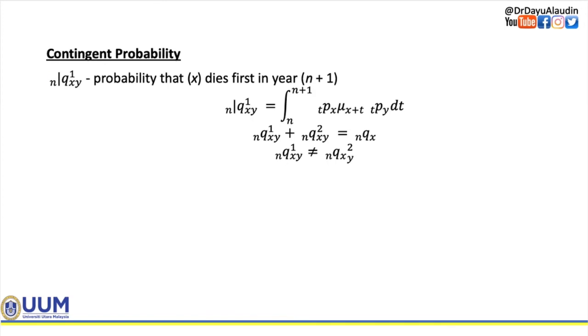Next one, the probability that X dies first in year n plus 1. If we draw the timeline, x, x plus n, x plus n plus 1. So we are looking for the probability that x dies in year n plus 1. So the bound would be n to n plus 1.